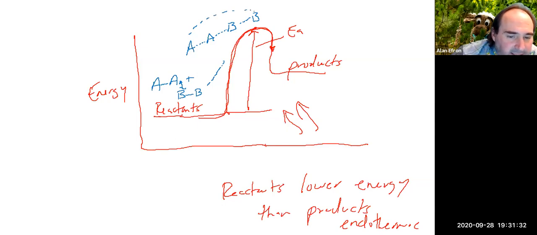As they hit each other, they have enough energy to get up over the hill, and at the top they're starting to break some bonds and make new bonds. When they get to the very top, they usually drop down very quickly to the other side and make their products, the new molecules formed over here.